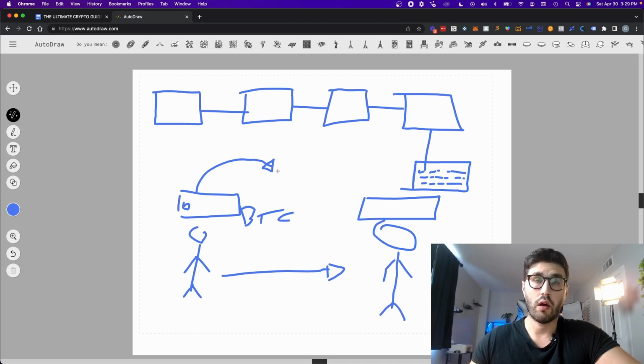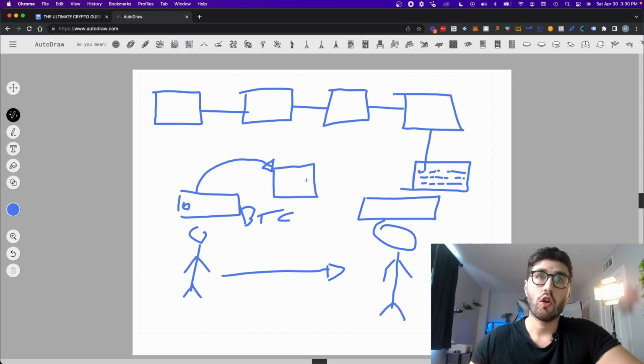I'm also going to explain later how the block is actually created through mining, but just so you understand, once I initiate the transaction, a process takes place, and that process is called mining. The mining itself is basically the solving of a very complex mathematical equation that creates this block.